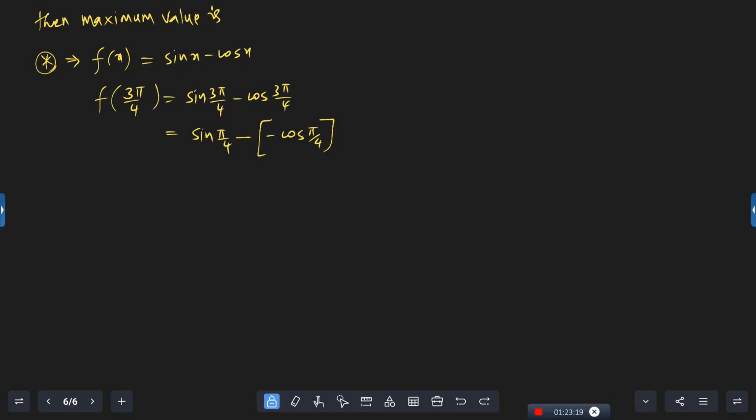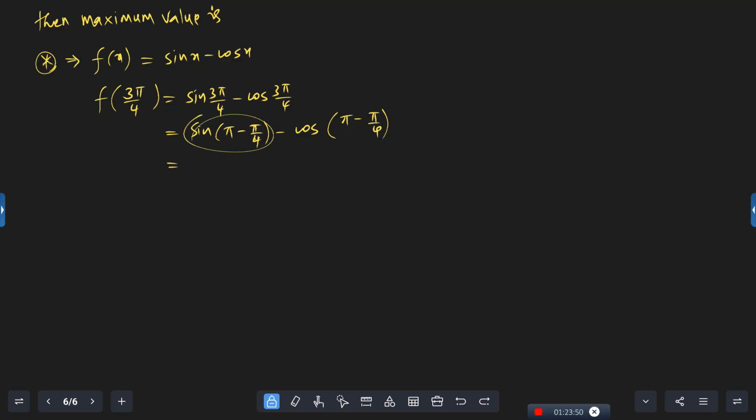If you want steps, we can do steps here also. You can write sin of pi minus pi by 4 for 3 pi by 4, and in the same manner cos also as pi minus pi by 4. Now this is the second quadrant.